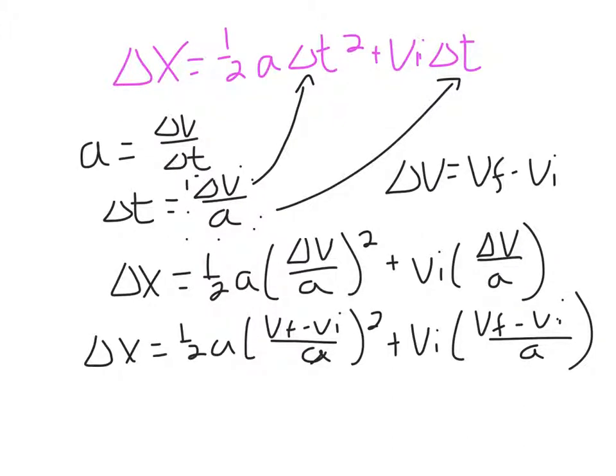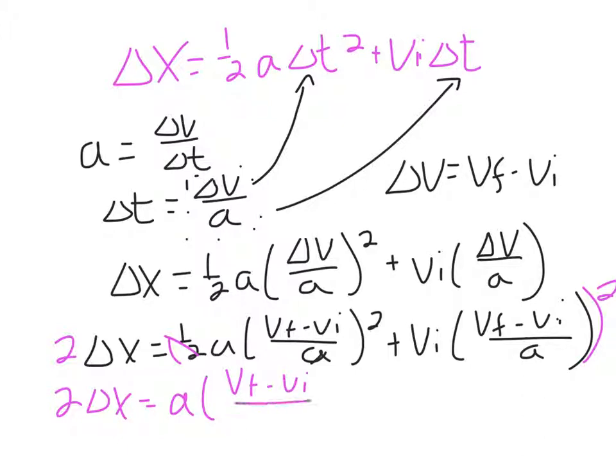Since fractions make things difficult, let's start getting rid of them. So I'm going to multiply everything on both sides by 2. So this gives me 2 delta x equals, this 2 goes away, a ((v final minus v initial) over a) squared plus 2 v initial (v final minus v initial) over a.